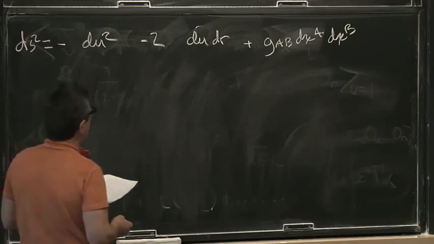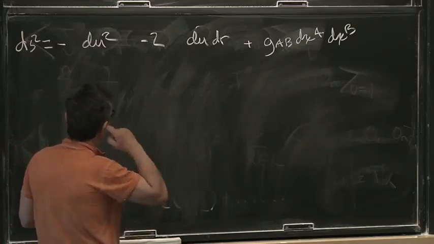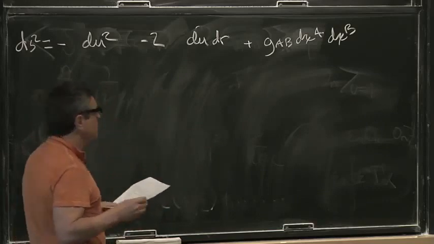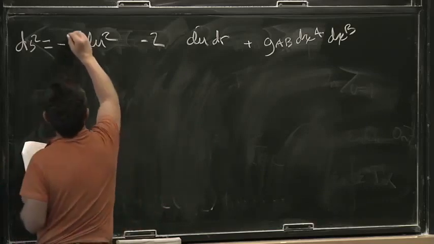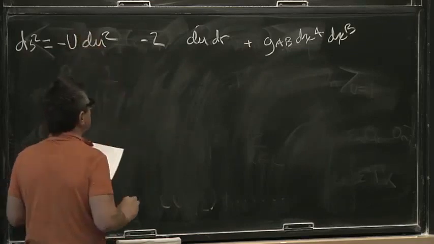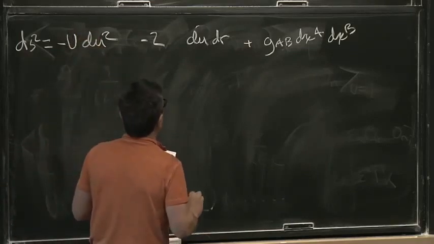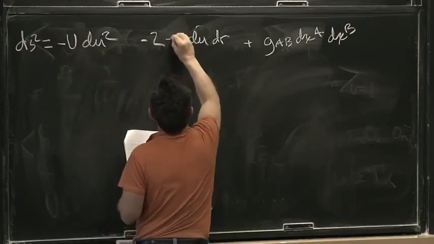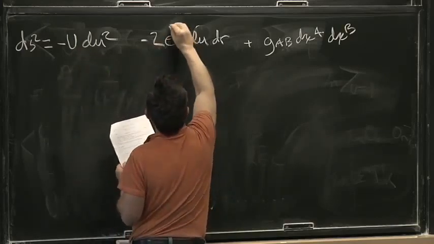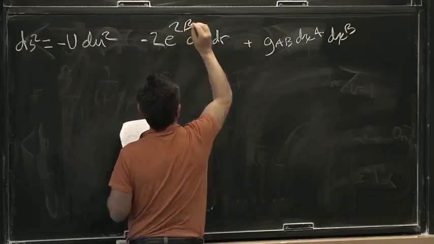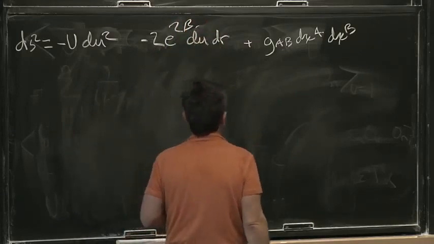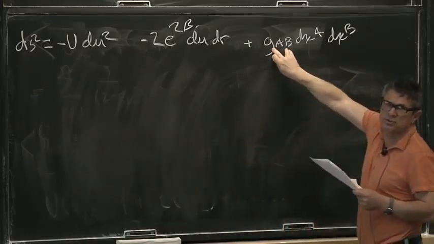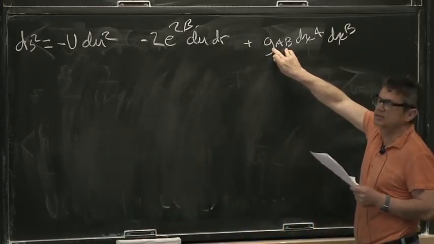In general, any Lorentzian metric can locally be written in the following Bondi form. So we put an arbitrary function here, traditionally called U there. We put an arbitrary function traditionally called e to the 2 beta here. g_AB is an arbitrary 2 by 2 matrix.